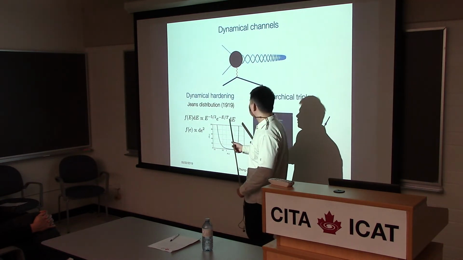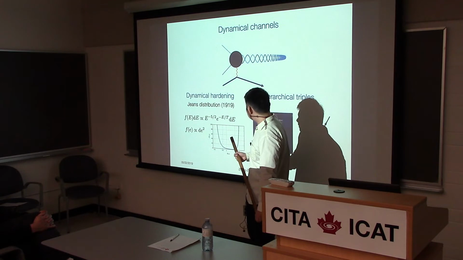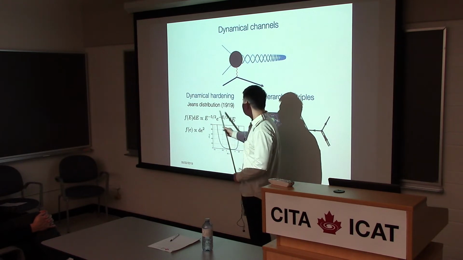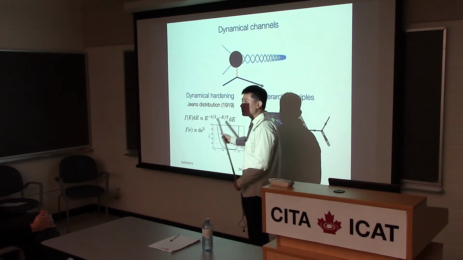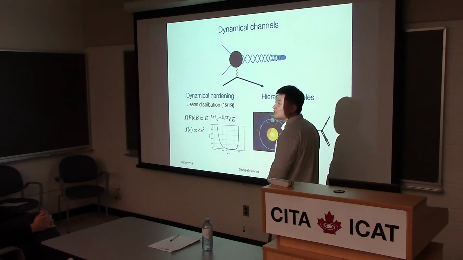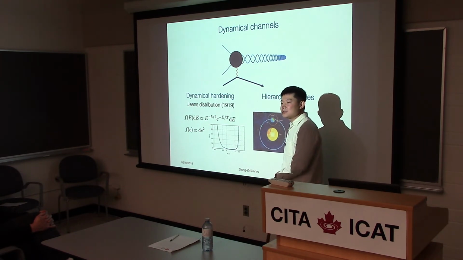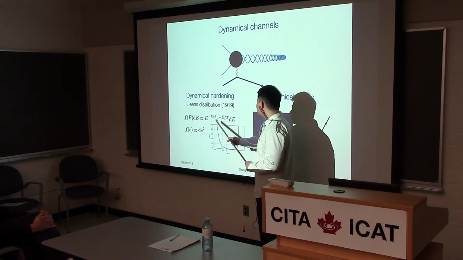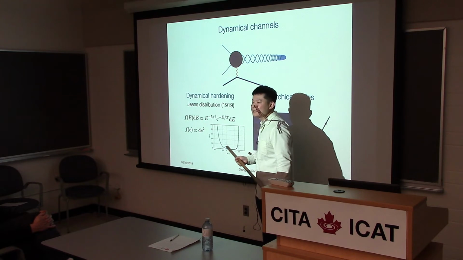This looks like a very good-looking thermal equilibrium distribution because you have the familiar Boltzmann suppression factor for large E. But one thing we should be aware of is that for a bound system, E is negative. So instead of a suppression, here you actually have a huge enhancement.